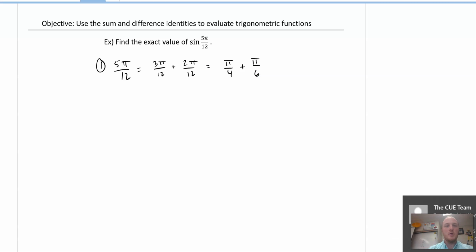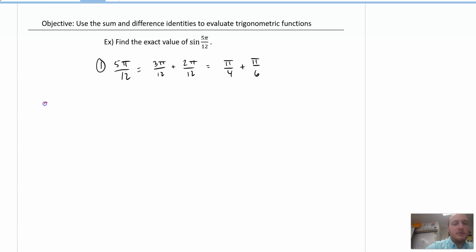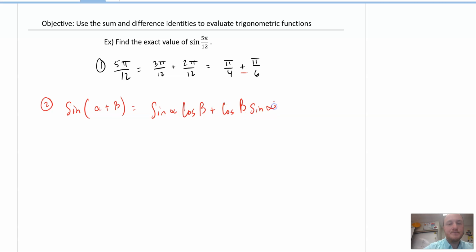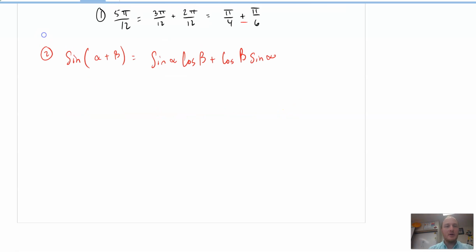Okay, so what identity am I going to go ahead and use? Well, I want to find sine, and I'm adding, so sine of alpha plus beta is going to be my identity. So sine of alpha times cosine beta plus cosine alpha times sine beta. Alrighty, now go ahead and substitute in the values.